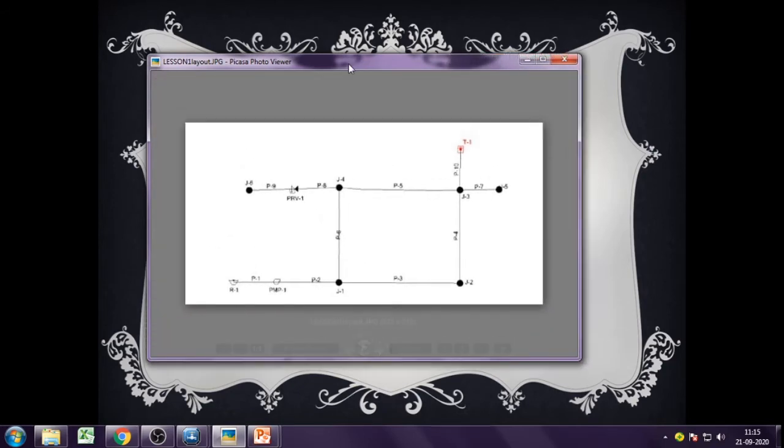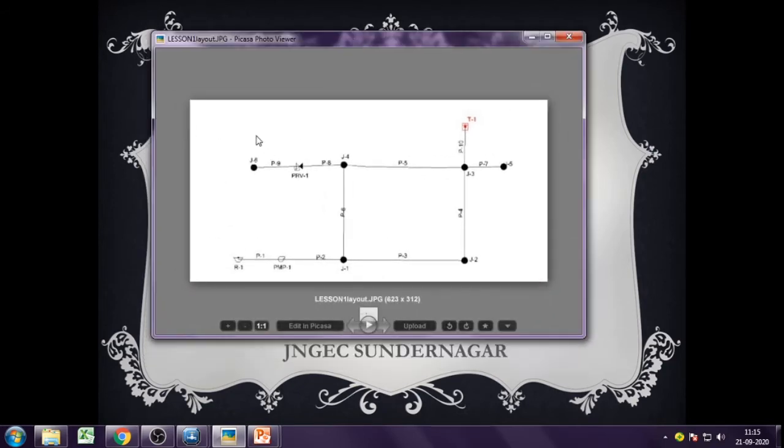This was the water distribution network which we designed in the previous lecture. We will be using the same network, but here we will be applying the extended period simulation, not the steady state analysis. Okay, so let us begin.